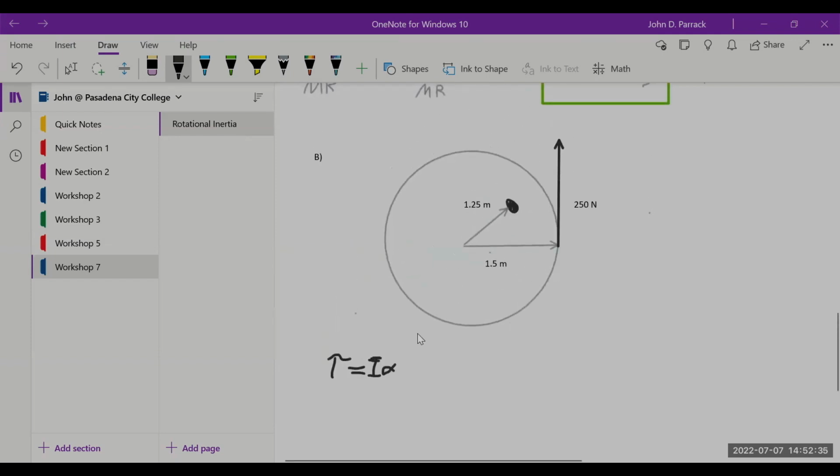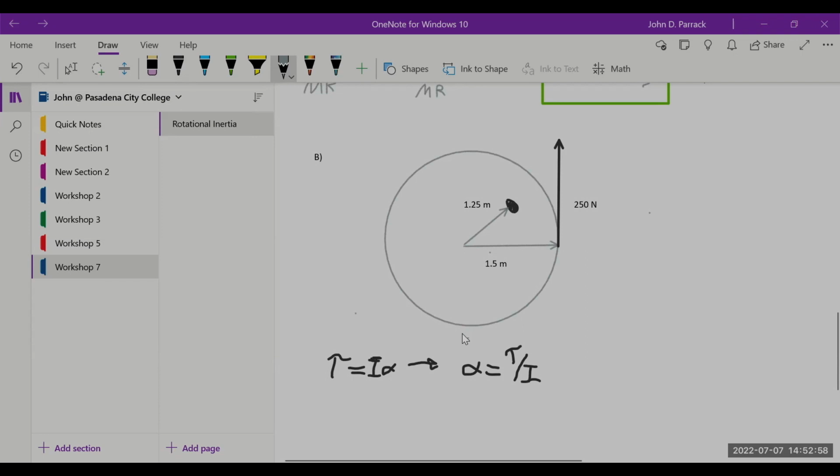Tau equals I alpha, and we're looking for alpha once again. So it takes the form alpha is equal to tau over I, rotational inertia. But the question is, what is the rotational inertia now? Because we've changed the mass and we've also changed the mass distribution.